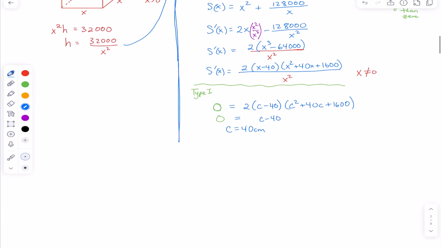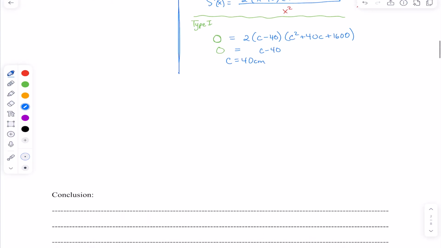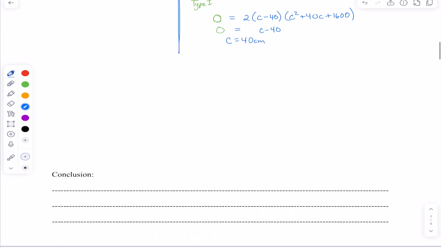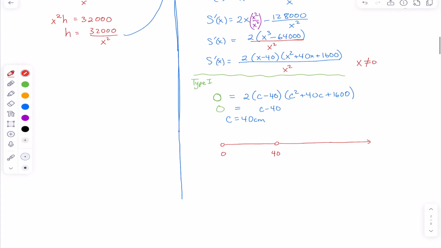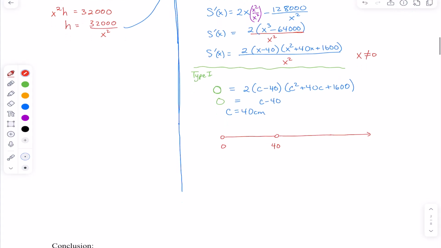Now, what did we do before with our critical numbers? We test them on a number line. So I'm going to draw a number line. And I need to test this in the first derivative. Our first derivative in factored form.